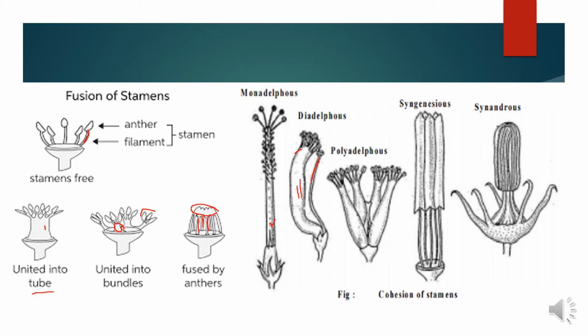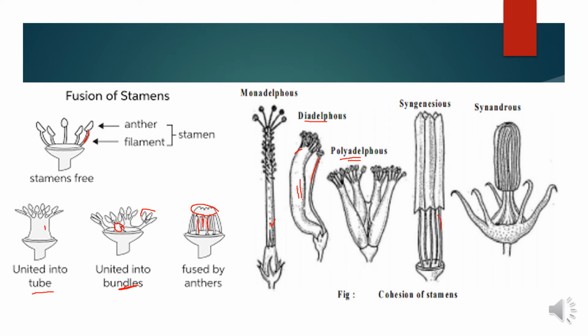So there are two types of arrangement of filament here. One is grouped and another is single. Such an arrangement is called didelphous. Then we see a group of several filament groups, this one is the polydelphous.